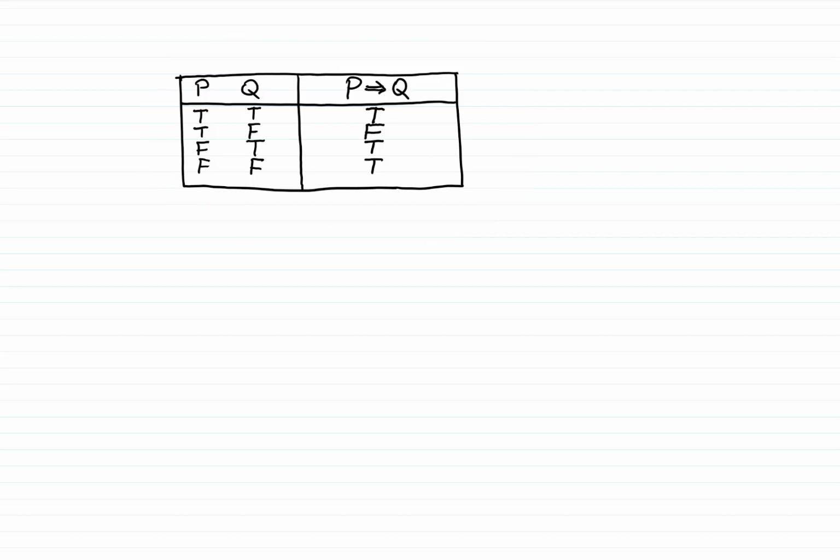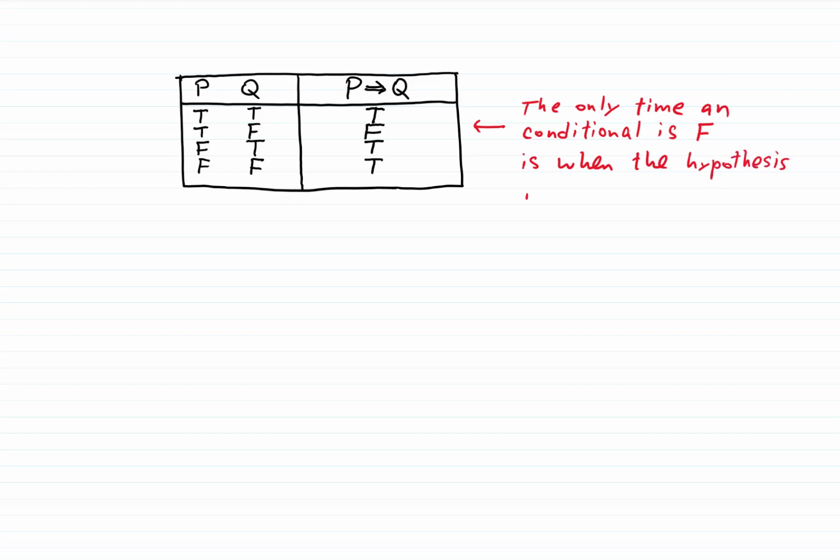I'm going to write this down. For implications, the only time an implication, or let's use the word conditional, is false is when the hypothesis is true and the conclusion is false.